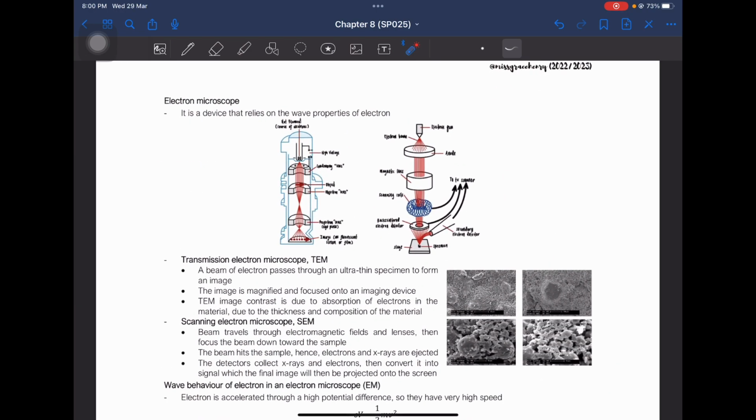So the electron microscope is a device that relies on the wave properties of electron, okay? And then the diagram is basically showing you the picture of the electron microscope device.